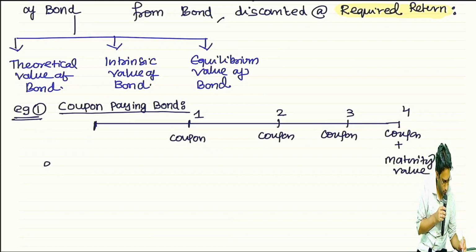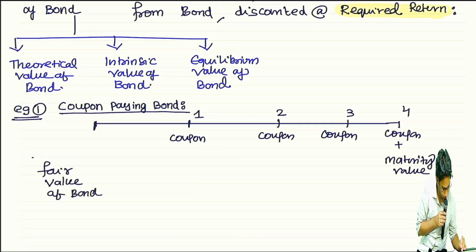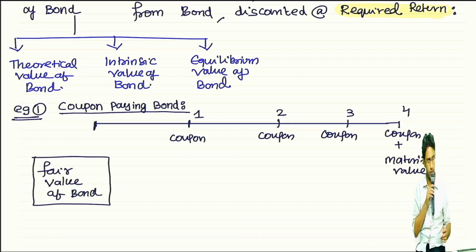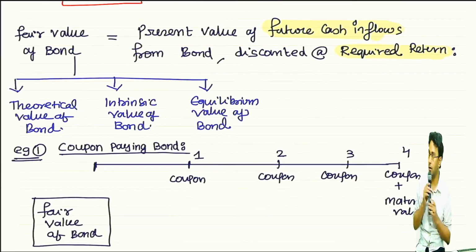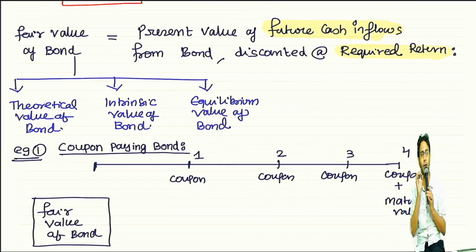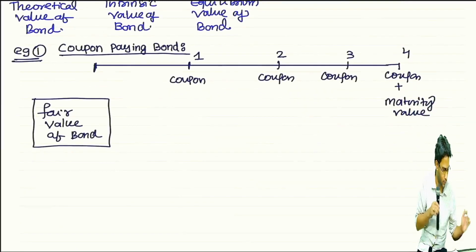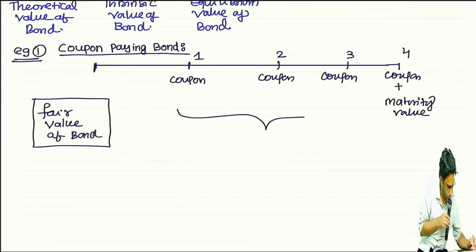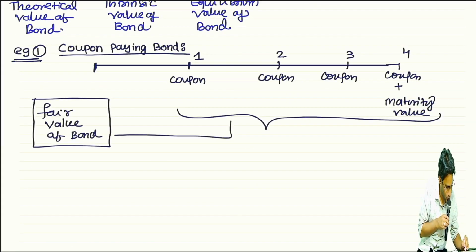What I want is, I want to know the fair value of bond. Sir, how to get this? What is the principle? Discount all those cash flows to today using a required rate of return. Now, all these cash flows go discounted to today.